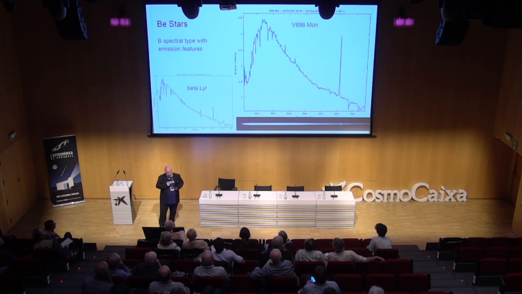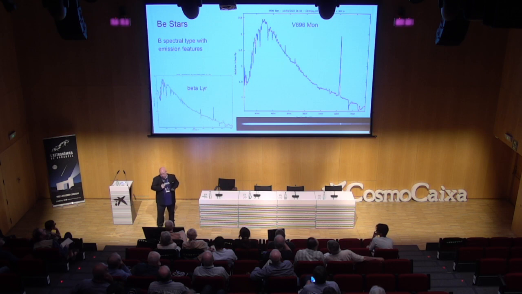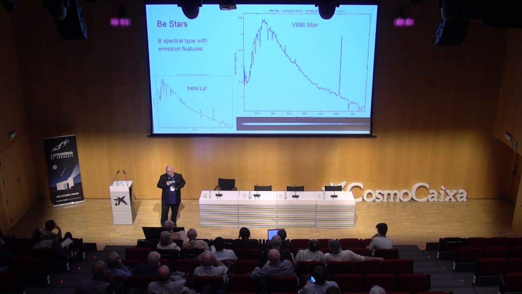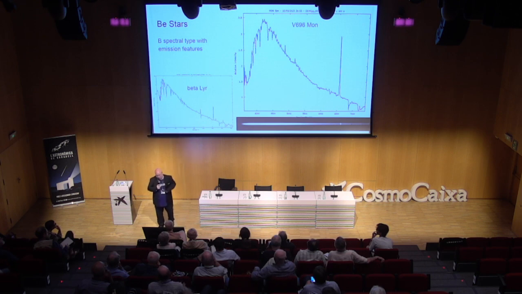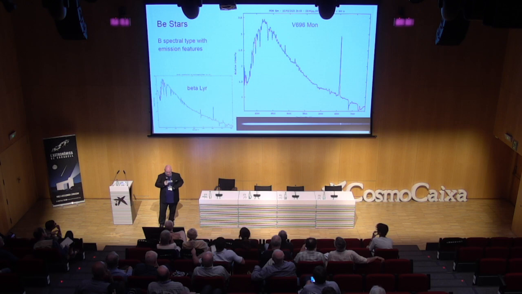The Be stars are constantly monitored. There is an organization in France which follows the Be stars. This is one of the best objects an amateur can observe in spectroscopy.